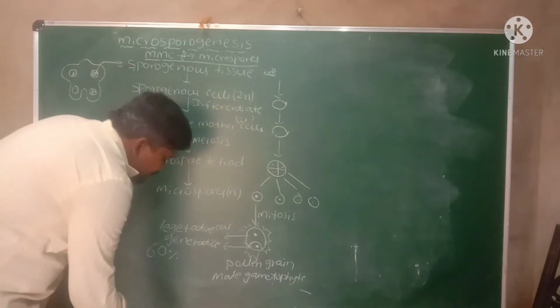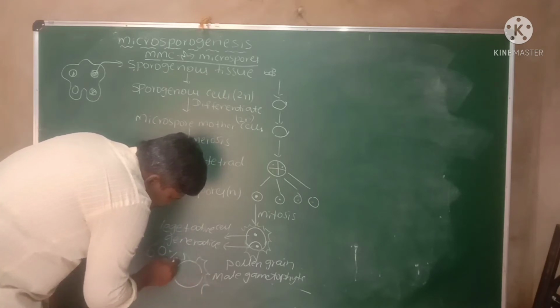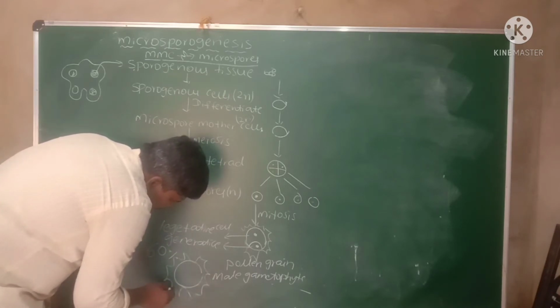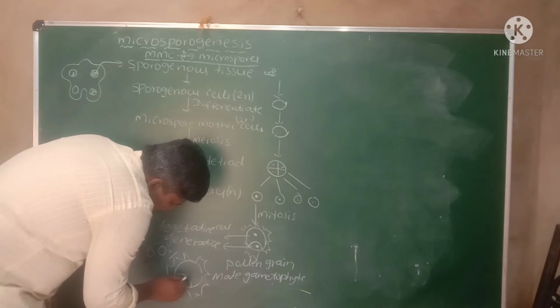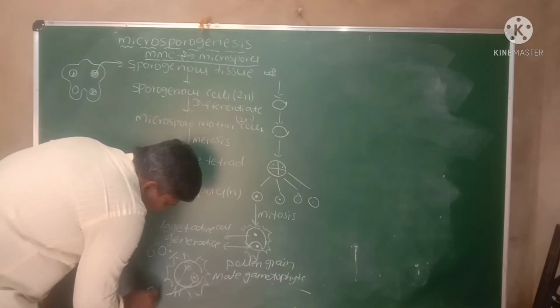In a few plants, the generative cell again divides by mitosis, leading to formation of two male gametes. These are the male gametes.